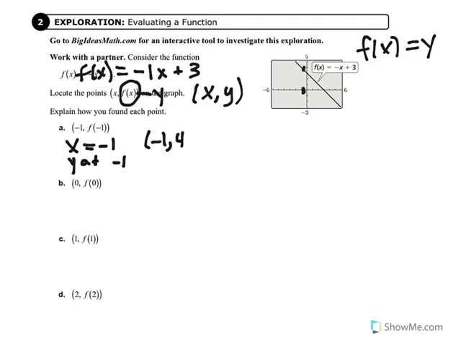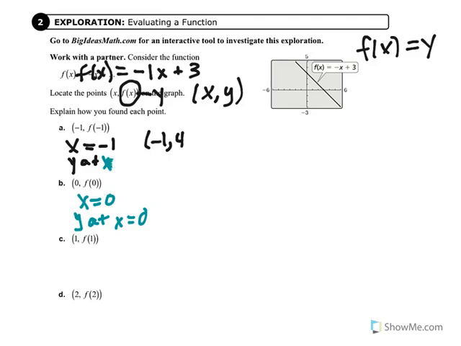So let me go a little bit slower for the next one. I'm going to use a different color. We have 0, f of 0. So what we're going to do is put this in words. x equals 0, so what is y when x is 0, okay? And this should be x is equal to -1. Sorry, I forgot that.